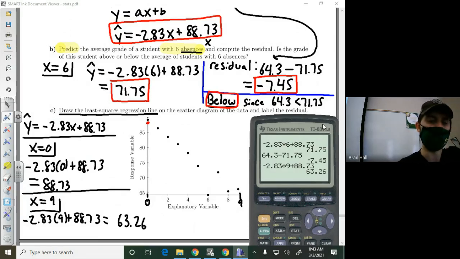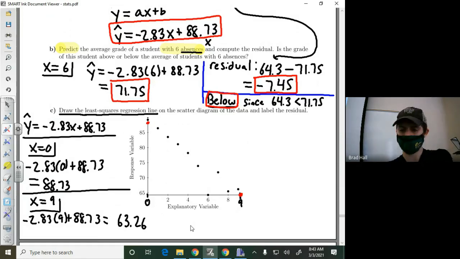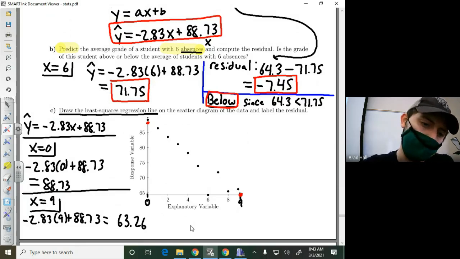So 63.26 will give us the idea of where the other point is. So probably it would go about right here, since the y-axis does stop kind of abruptly, a little bit below 65. And so all we have to do is connect those points to make a line.